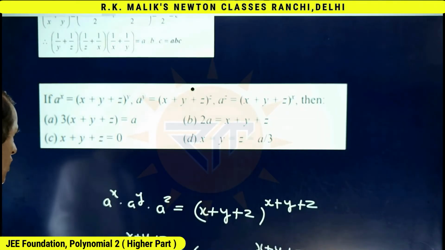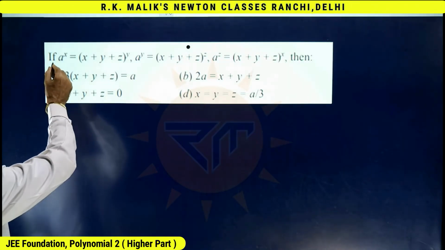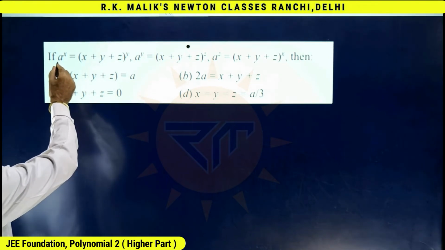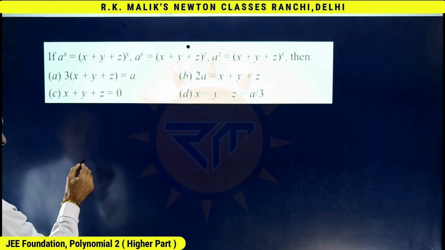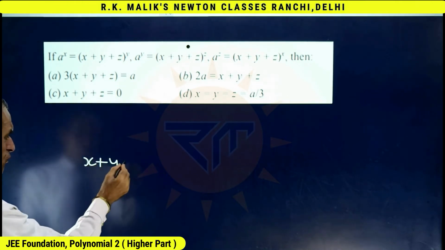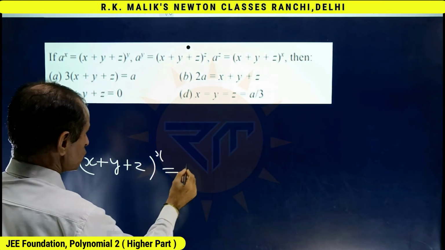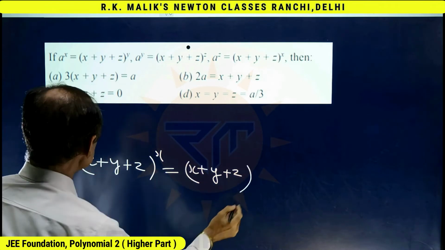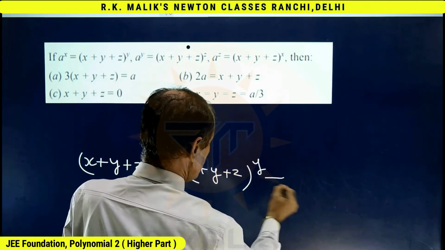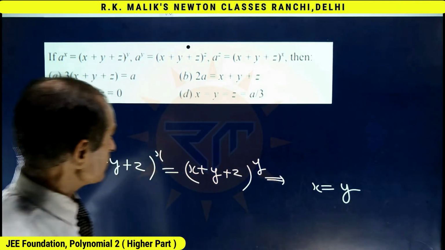But to get the correct option out of C and D, if you see carefully, if I write x plus y plus z for a, I will get from here (x plus y plus z) whole to the power x is equal to (x plus y plus z) whole to the power y, which means x is equal to y.